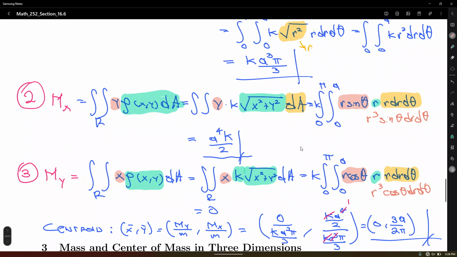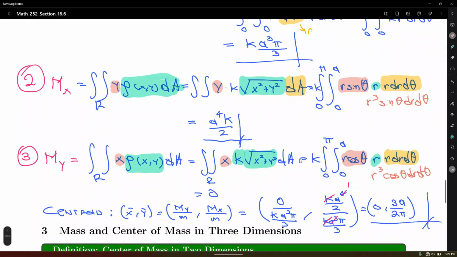Well, we're going to make physical sense about this. Now let's find the centroid or center of mass, x bar, y bar, where x bar is the moment about y, which involves a distance x, that is moment about y, which is 0, over the mass, that's simply going to give us a 0. And lastly, the y coordinate, which is the moment about x, which involves a distance y, over the total mass.